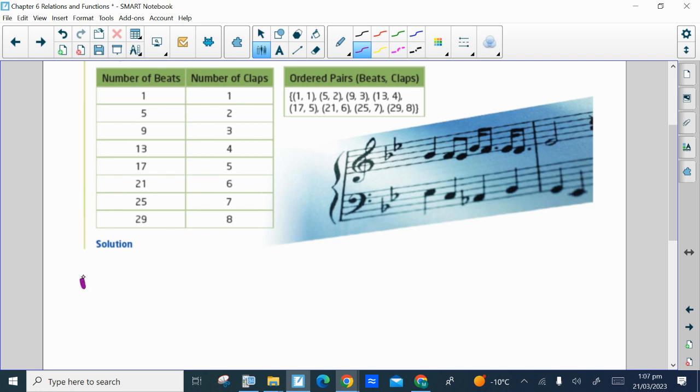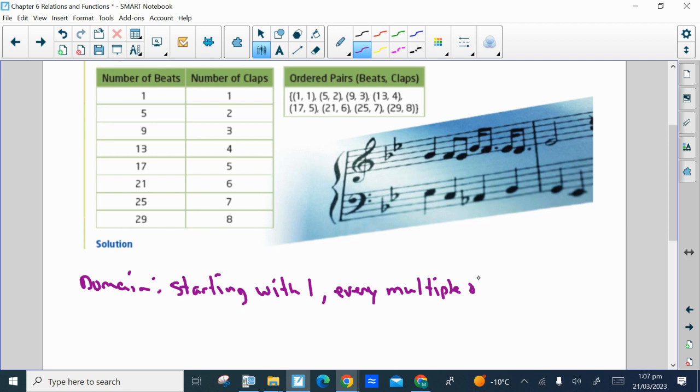So if we want to use the words for the domain, we would say, starting with 1, and then every multiple of 4 up to 29.